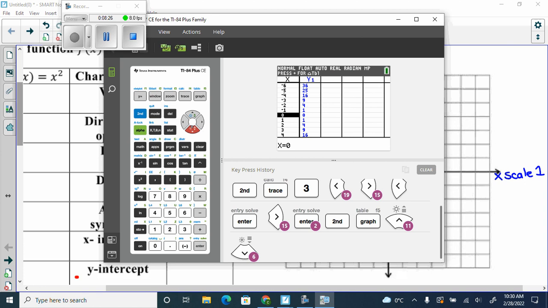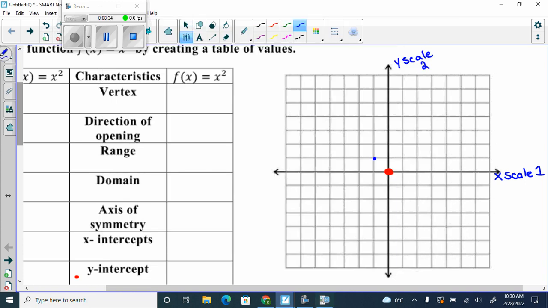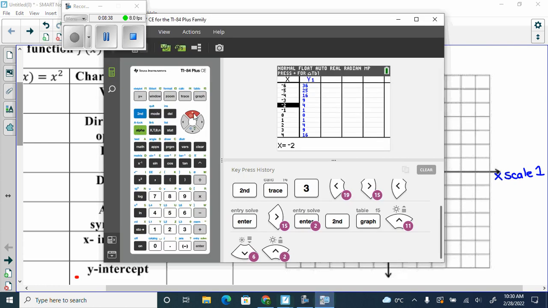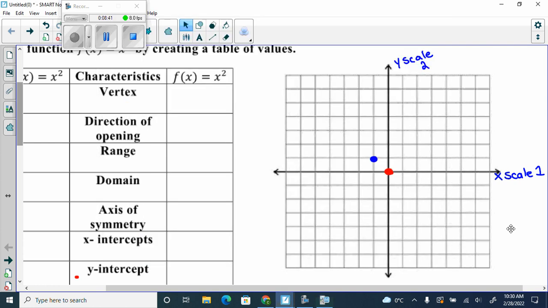So we have 0, 0, and then I'm going to pull some from above and some from below. So negative 1, 1 and 1, 1 I'm going to plot. Then I'm going to go up here, negative 2 and 4. That is not negative 1 and 1, by the way. I made a y scale of 2. Negative 1 and 1 is here. Negative 2 and 4 is here. We have to remember that we changed our y scale to 2.